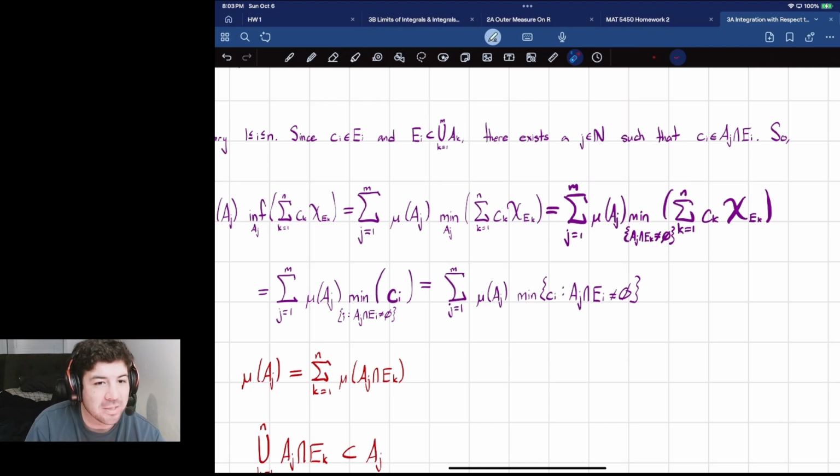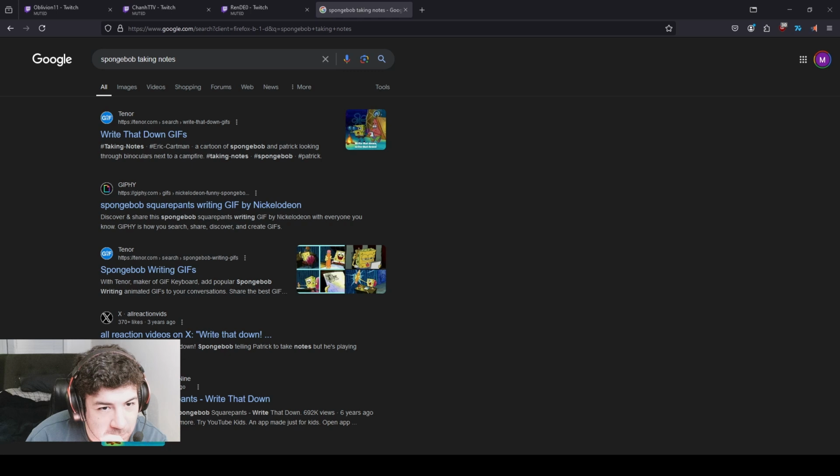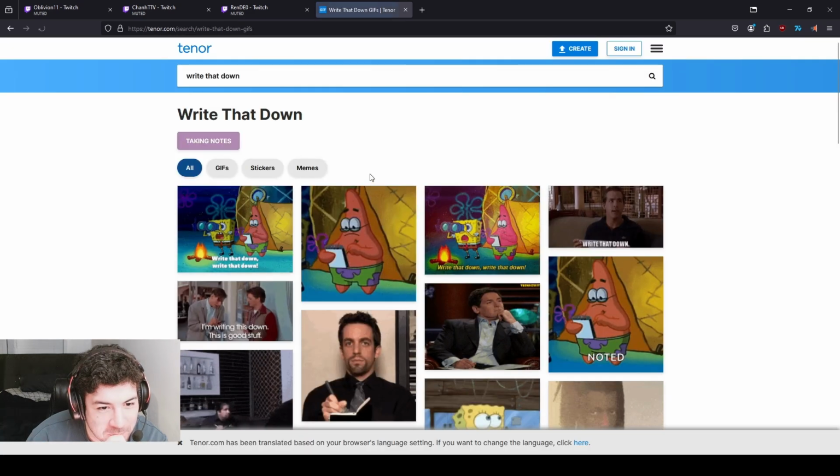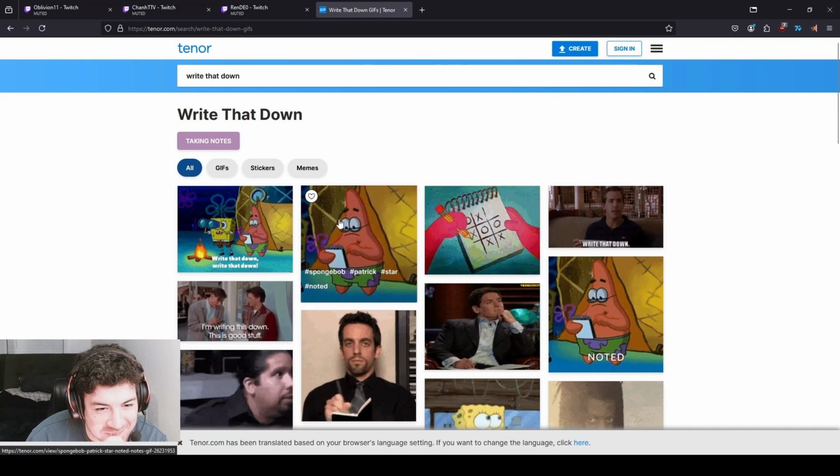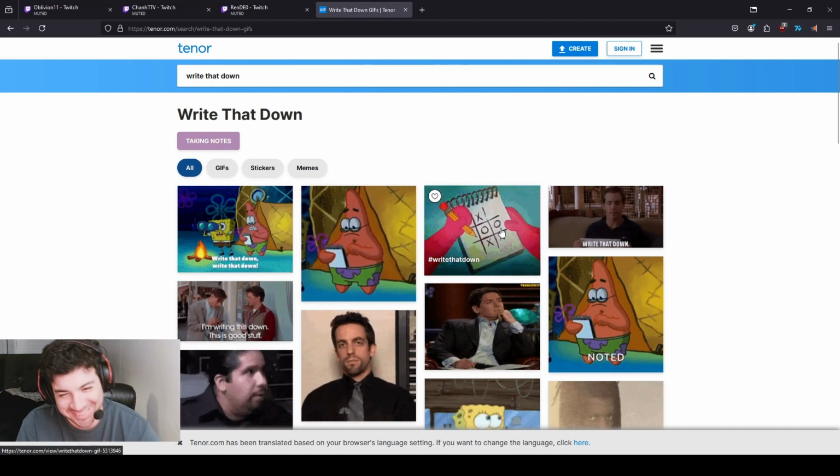Yeah, it's actually Patrick taking notes, but there's also one, as you can see, the scene where he's writing things down, this is like the bear episode. This is a good one. I forgot he was playing tic-tac-toe.